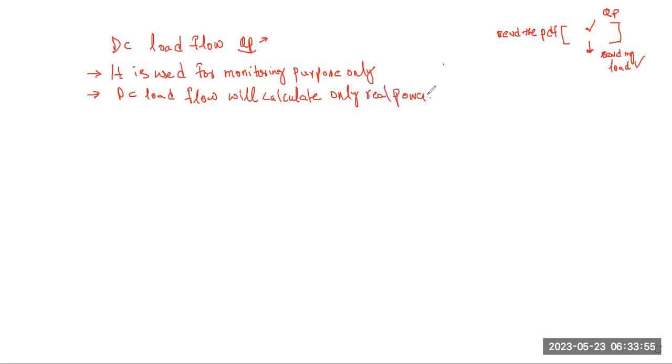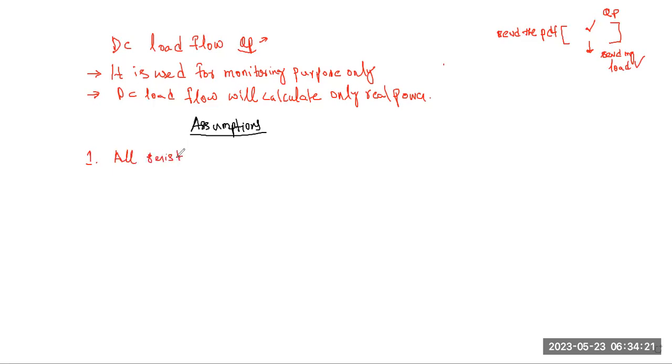Here in the DC load flow, we have some assumptions that we have to take before doing the DC load flow. Unlike the AC load flow, the number one assumption is that all resistances and shunts are neglected.